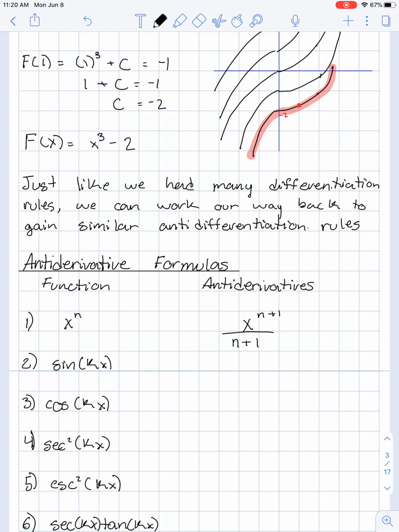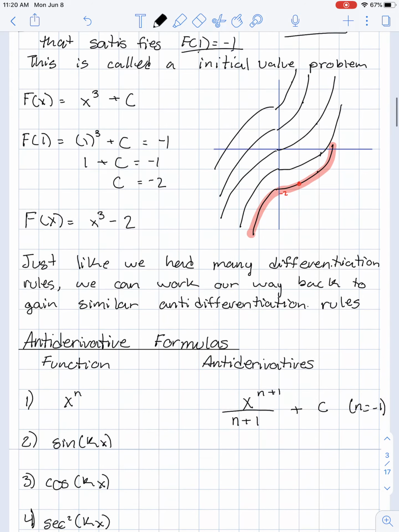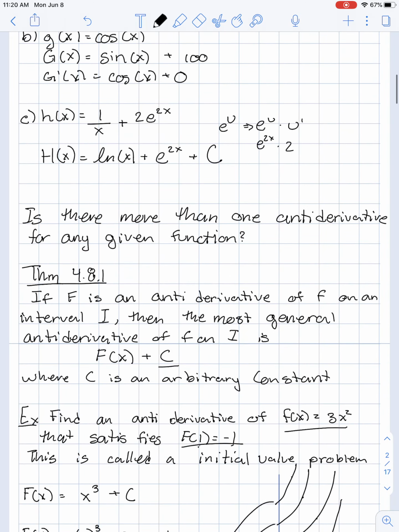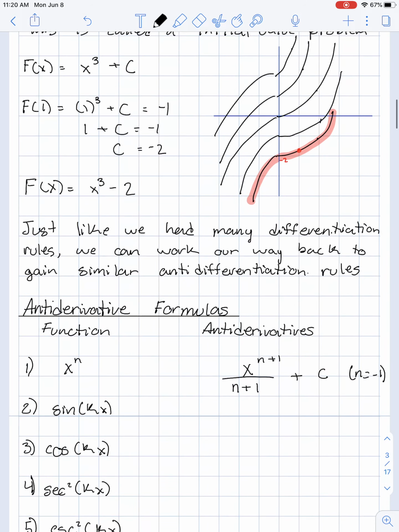So basically, I need to take my exponent, add 1, make that my new exponent, and then divide by that same number, or multiply by the reciprocal, the same thing. And just like we said earlier, we need to always have our plus c. All right? And in this case, n does not equal negative 1. Remember, that's a special case, when n would equal negative 1. We'll get to that one in a little bit.